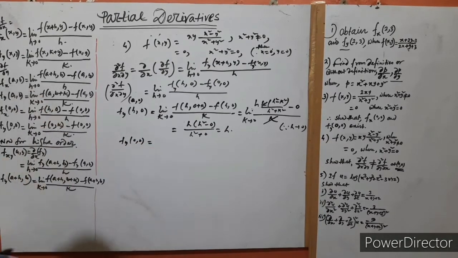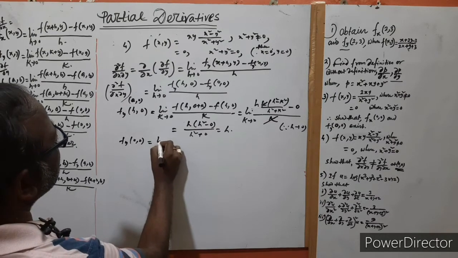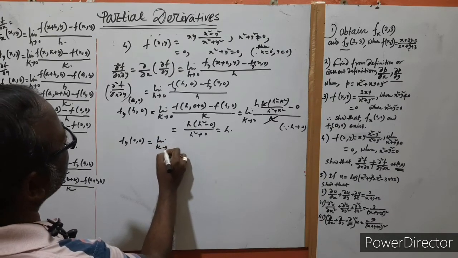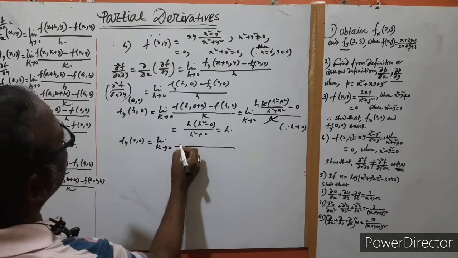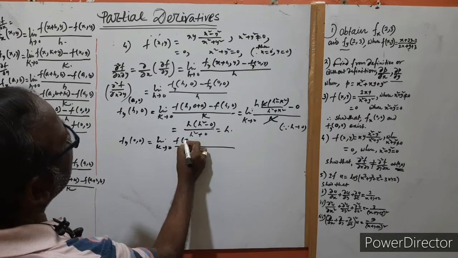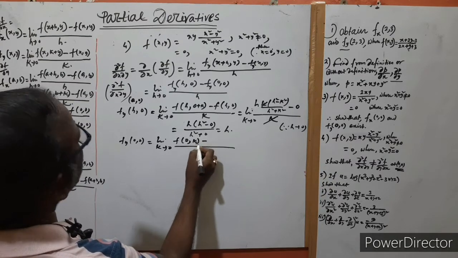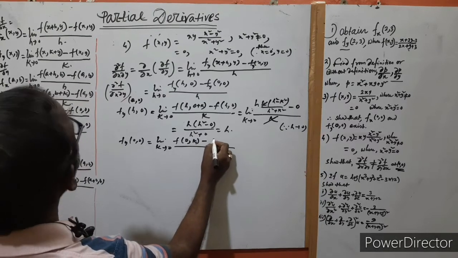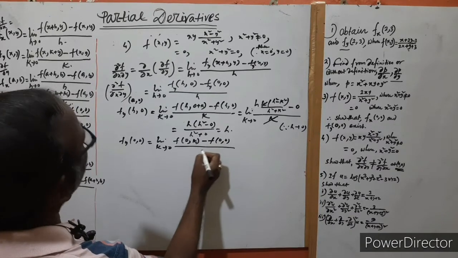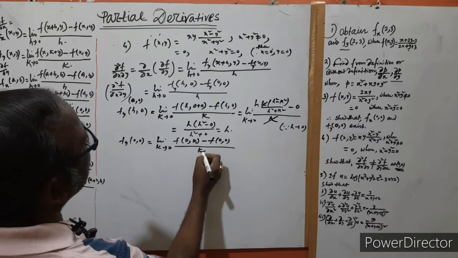So this is limit k tends to 0, f of (0 plus 0, 0 plus k) minus f of (0, 0) by k.